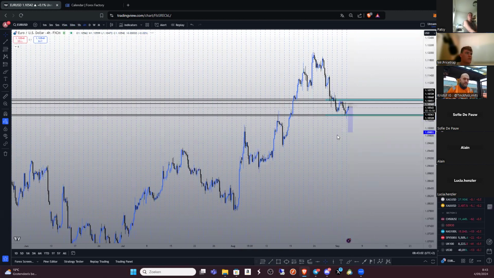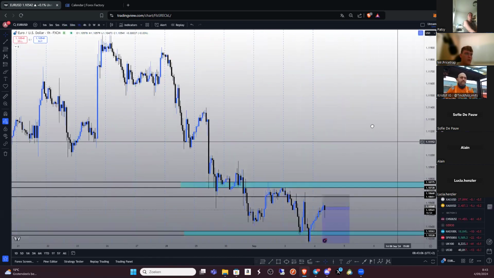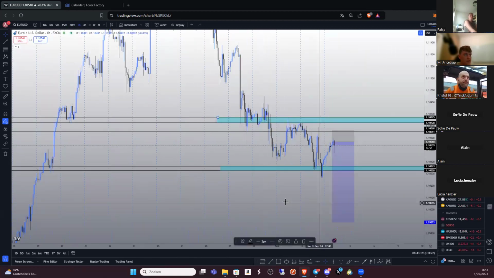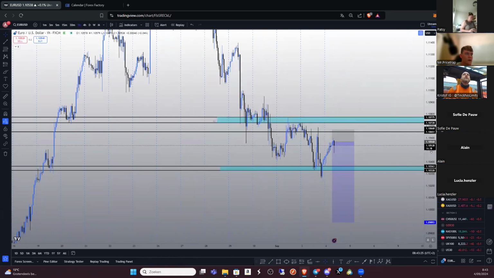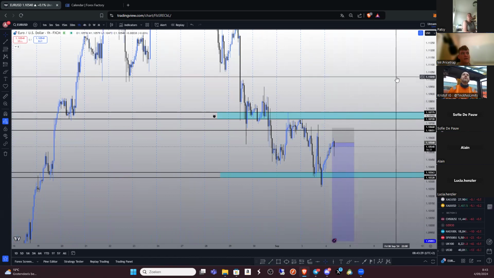Okay, but of course we have now that breakout retest to the downside, so let's see if we can really follow up on that and have a beautiful 1-on-3 risk to reward, yes or no. Okay, of course, making sure I have my resistance alert ready. So if the market decides to go higher, we still have the opportunity for the breakout retest to the upside.